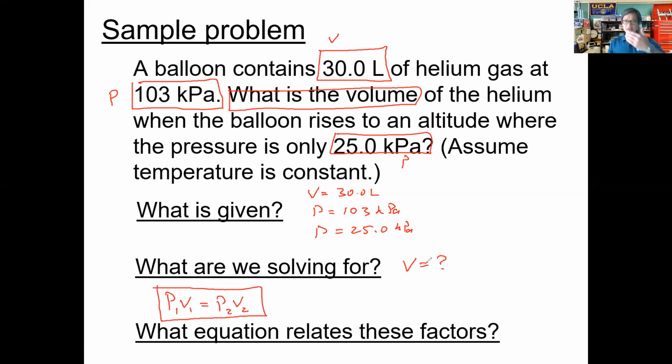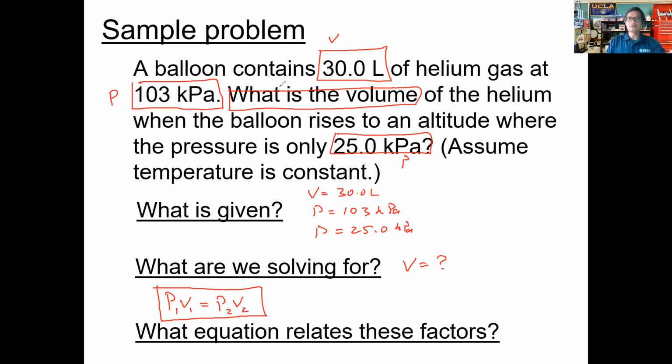But now you have to identify which volume is V1, which is V2, and therefore which is P1 and which is P2. Here is where you have to go back and read it and be careful. Let's read this here. We were told that we have a balloon that was initially at 30 liters, and at that 30 liters, it had this pressure.